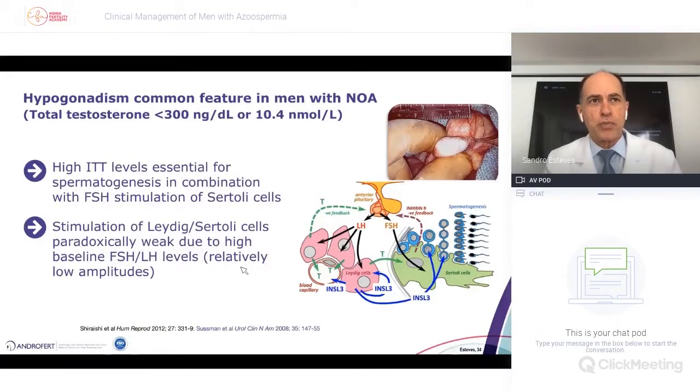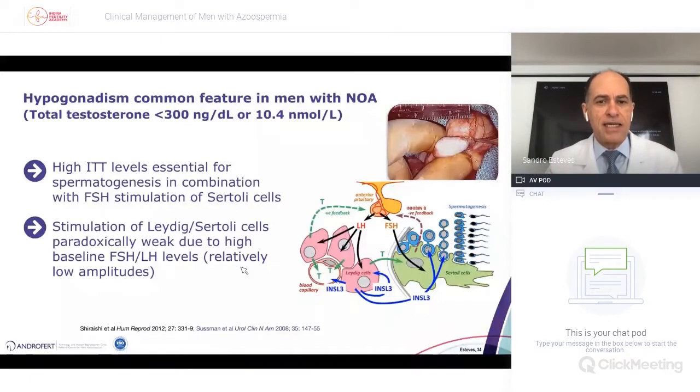In patients with non-obstructive azoospermia due to spermatogenic failure, although FSH and LH levels are quite high, the Leydig cells are not properly stimulated because they are lacking in size. And then we might push the system with HCG, for instance, to make the Leydig cells make more testosterone. So we will be able to increase intratesticular testosterone levels, which has been shown to be essential for spermatogenesis.